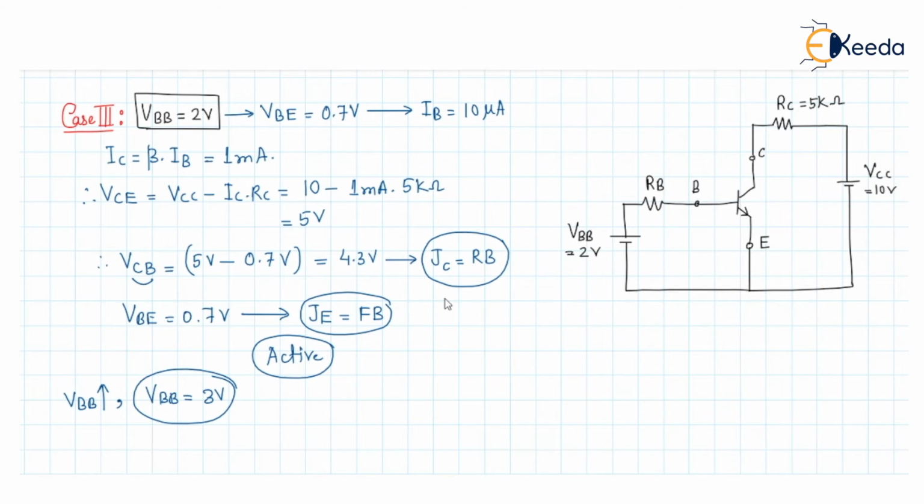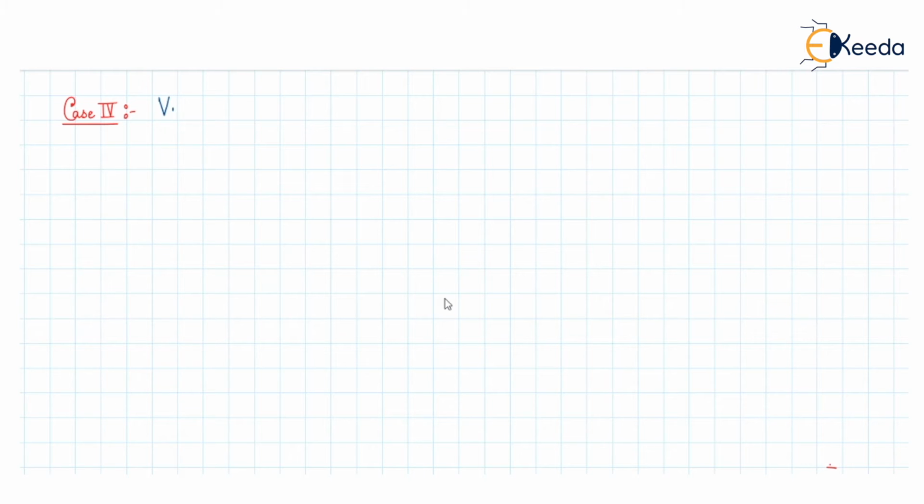In case 4, we have given a voltage VBB as 3 volt, so we can say right now the base to emitter potential will increase and it will go to a maximum value, VBE max, and the VBE max value is of the order of 0.8 for every transistor.